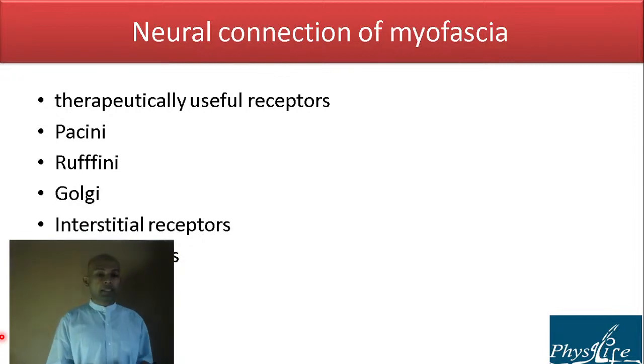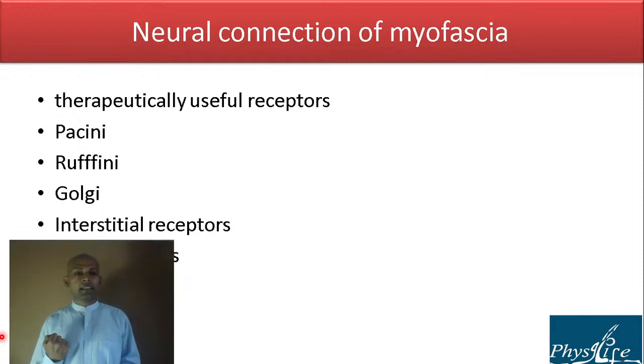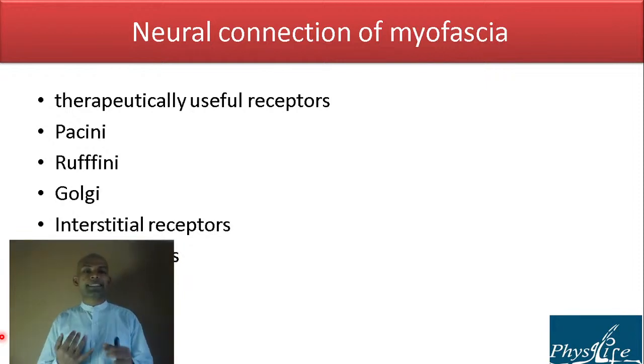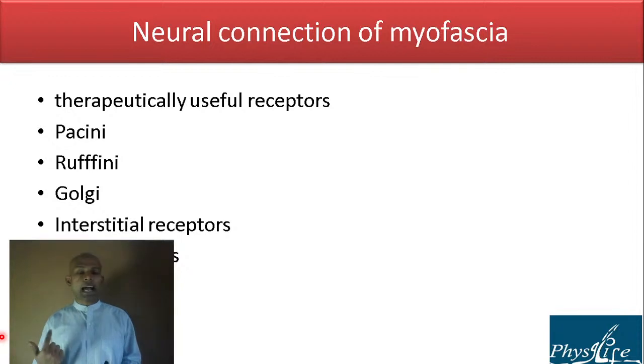The other set I have listed here is the nociceptor, the pain receptor. To remember them, you can remember them as GRIPP. G for Golgi tendon organ, R for Ruffini, I for interstitial receptors, P for Pacinian corpuscle, as well as P for pain receptor.